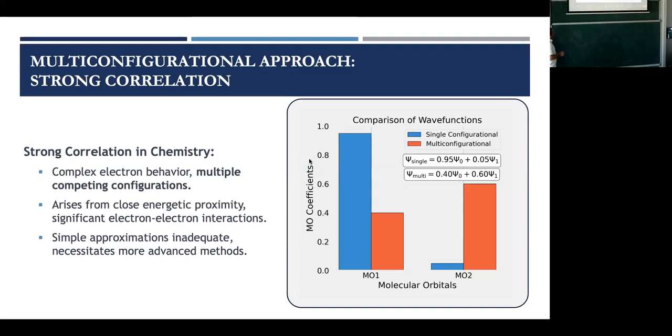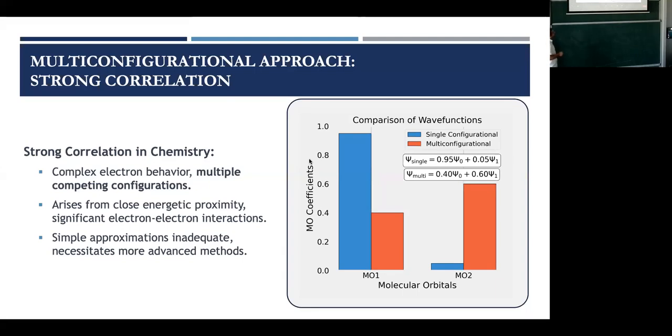Here I show that there are two kinds of contributions from the molecular orbitals. One is like the single configurations, where the contribution from one molecular orbital is relatively more than the contribution from the other molecular orbital. In this case, single configuration theory, like density functional theory, would work pretty well.